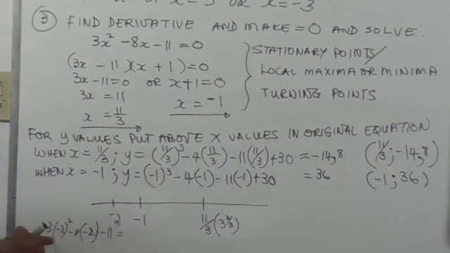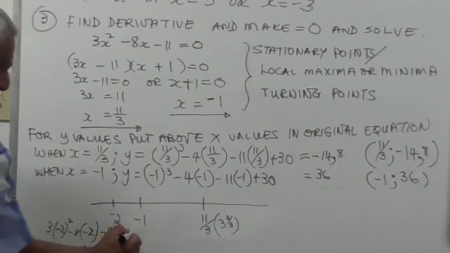When you work this out, 2 squared is 4, 3 times 4 is 12, and plus 16 is 28, minus 11 will give you 17.